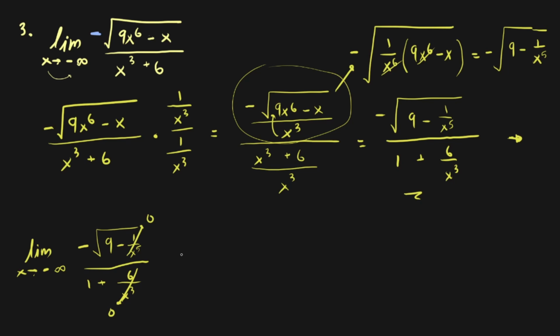This goes to 0. So we're left with the negative square root of 9 over 1, which equals negative 3 over 1, which is just negative 3. So this is the answer to the limit as x approaches negative infinity of the square root of 9x to the 6th minus x all over x cubed plus 6.